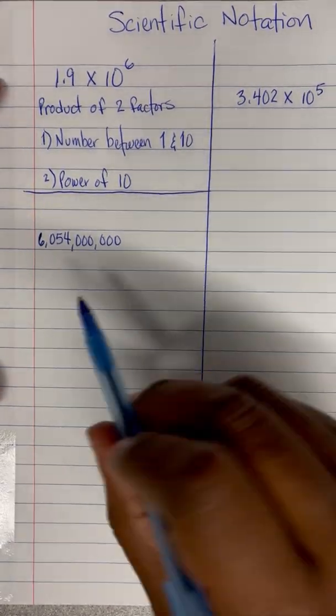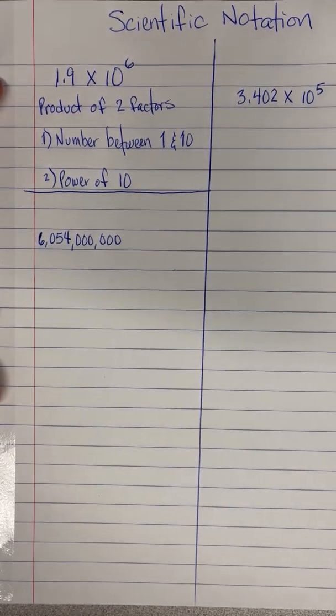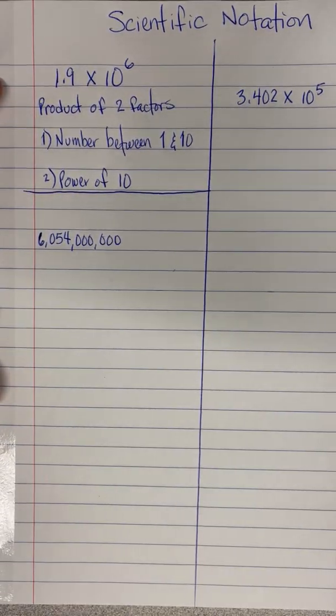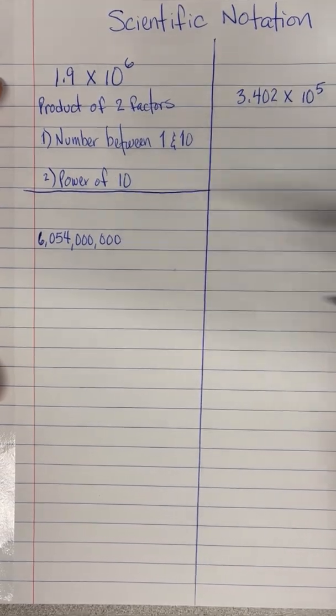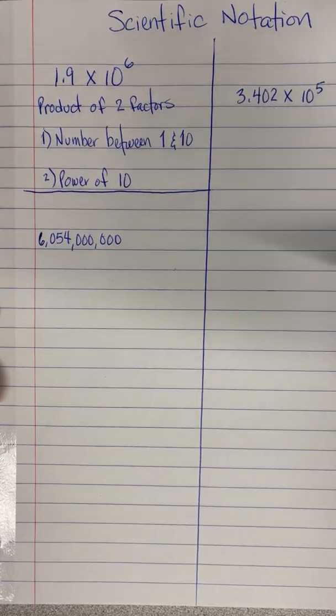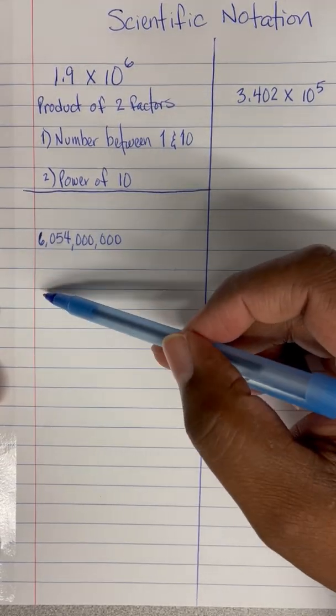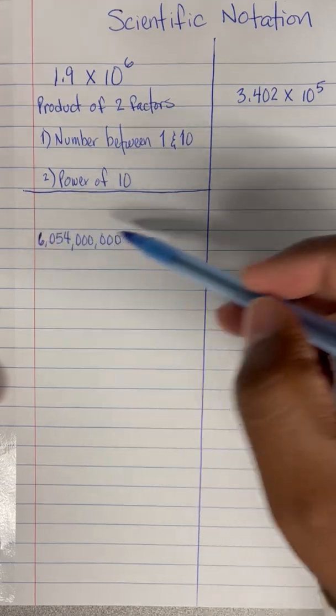All right, so we're going to take this number, which is 6,054,000,000, and we're going to write it in scientific notation. Right now this is in standard form. So first things first, you need to write a number between 1 and 10. So you're going to look at all of the non-zero digits in your number.